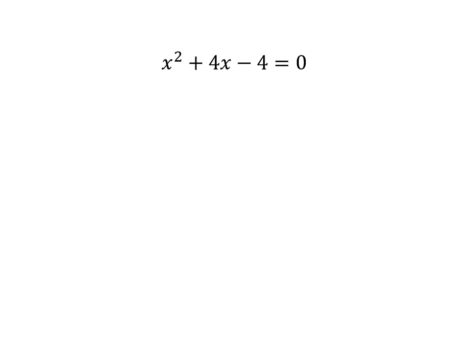Alright, so now let's look at this one. If we do the same thing here, as you see, the negative 4 is not going to work. If we go 4 over 2, that gets us 2 squared, but it's a positive, so that doesn't work. So what we're going to do is move that 4 to the other side. That gets us x squared plus 4x equals positive 4.